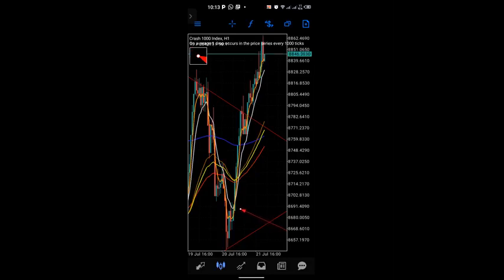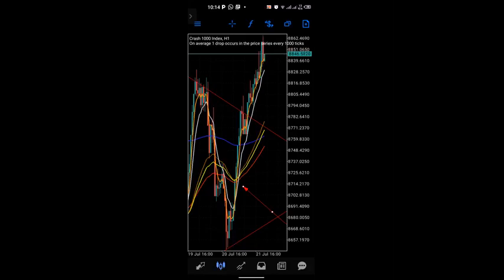Does it always work like that, or sometimes it fails? Moving averages don't fail. The only thing is that sometimes we have what we call lagging in the market, which is why we go with confluence.